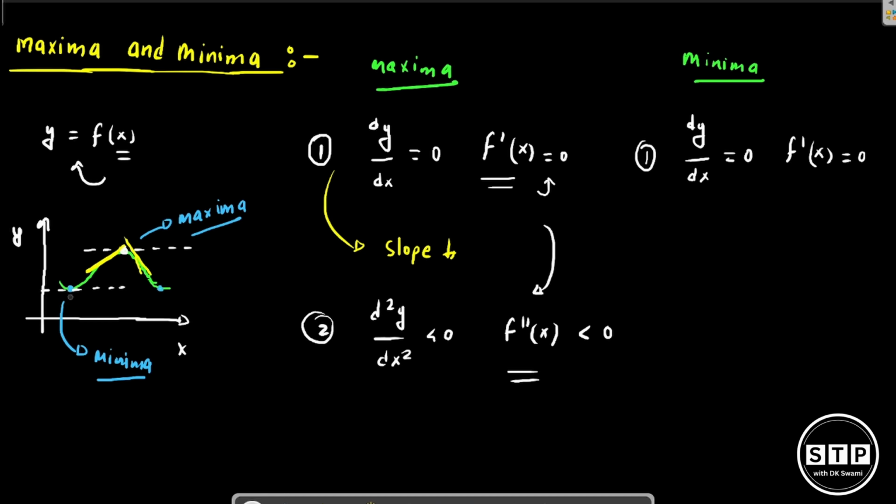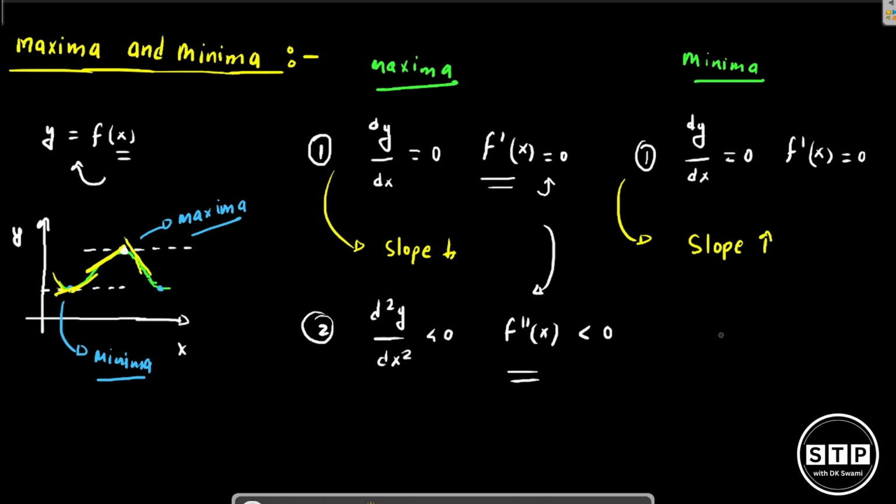When I go toward the minima point, the slope is gradually decreasing in negative, becoming 0, and then it is becoming positive. So can I say in case of minima that the slope is increasing near the point of minima?